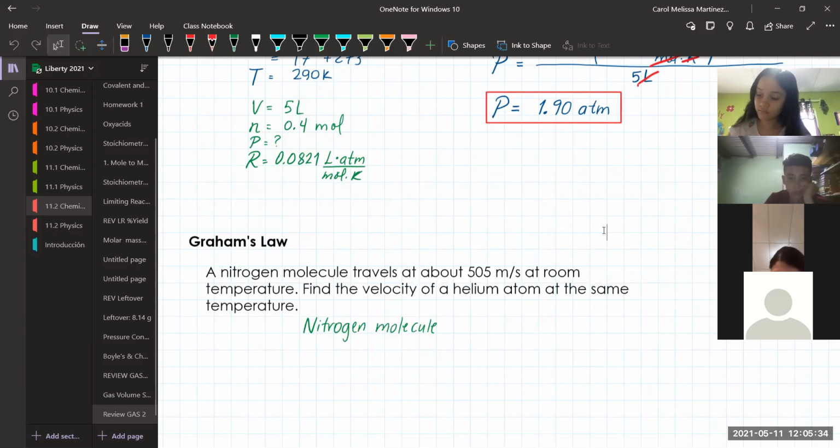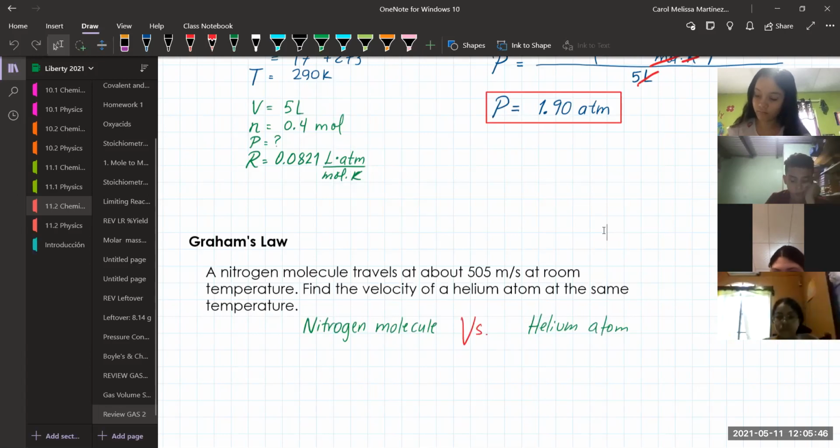Okay, so this is the comparison that you are actually doing. You are comparing nitrogen molecule with helium atom, but a nitrogen molecule is not single nitrogen, it is diatomic nitrogen.